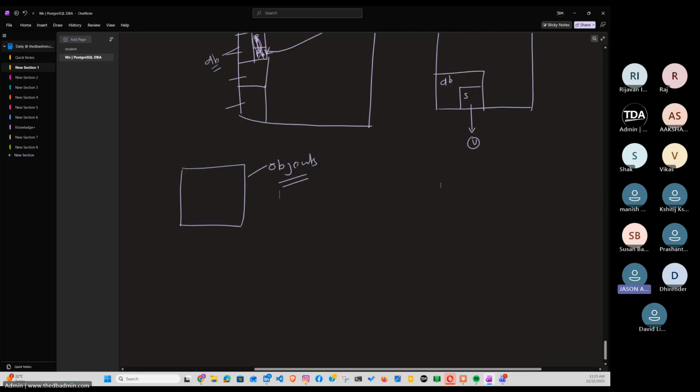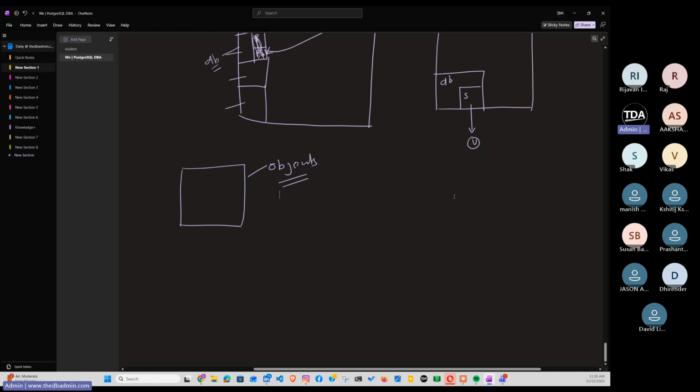Yeah, pg_catalog is also a schema, right? pg_catalog is also a schema. We will come into that also. And information_schema, that is also correct. So in MySQL, we have information schema, right? So you can consider it a catalog table of Postgre for comparison.